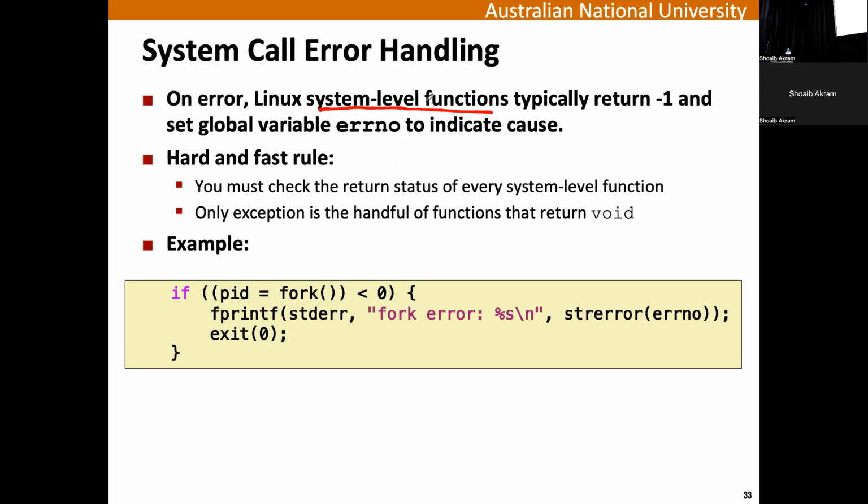The work is done for you by the C library. So the C library actually has a high level function with the same name corresponding to each system call that you can make in assembly. So to avoid any confusion, we call them system level functions. You can call it system call or system level function. It's the same thing. You just need to know that these functions are actually doing the low level work.